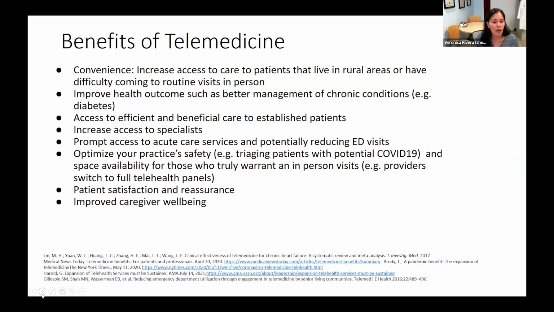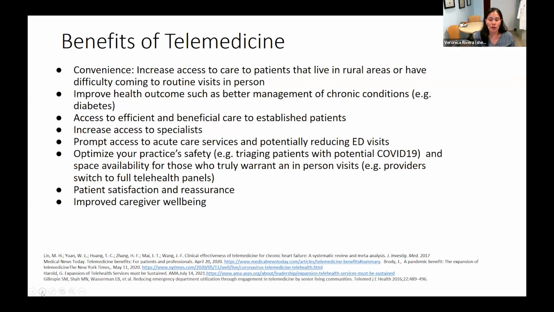In terms of benefits of telemedicine and telehealth, absolutely we've seen a lot of satisfaction because of the convenience and comfort that patients and providers have when doing telehealth. We have increased access to care for patients who live in rural areas or have difficulty coming into visits in person.